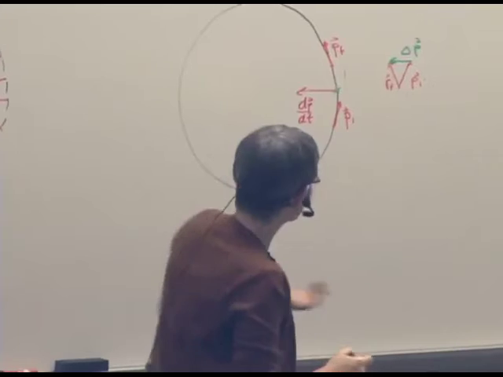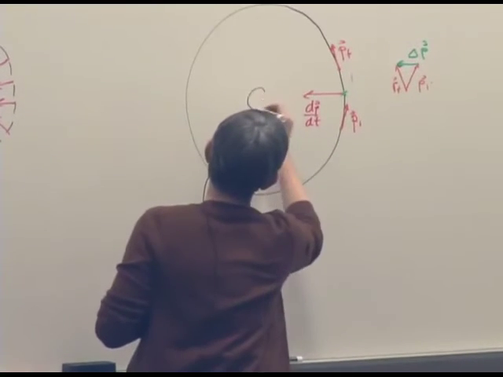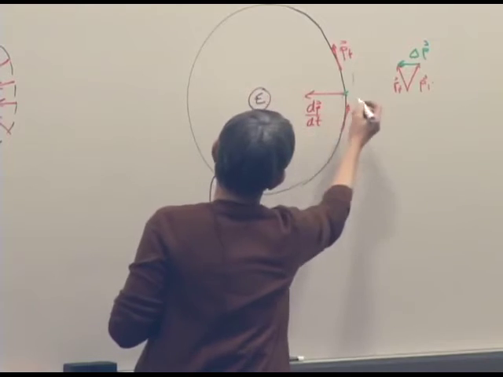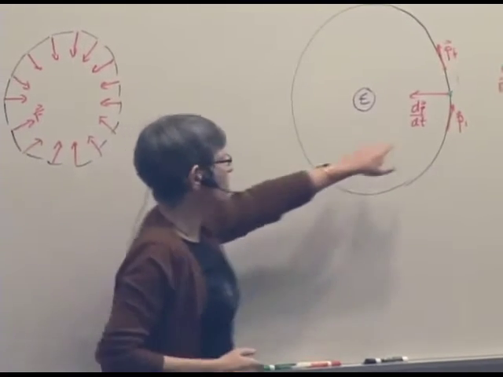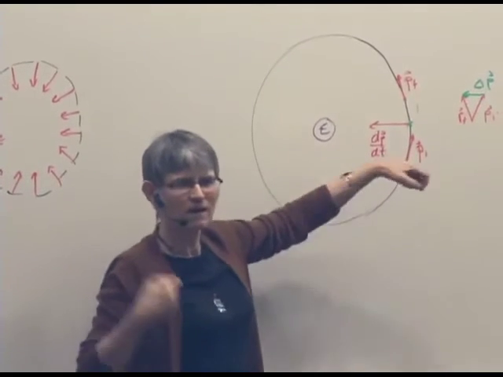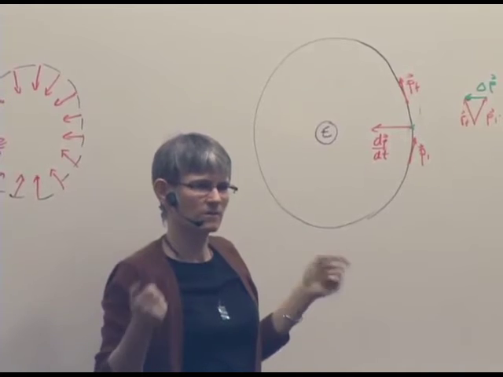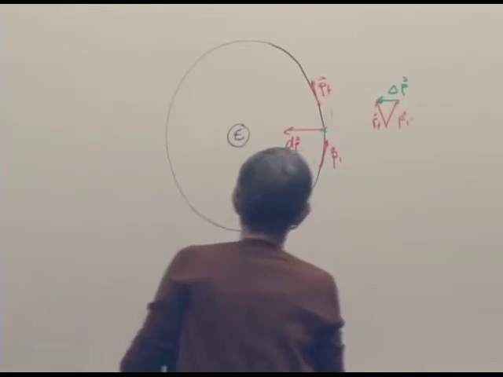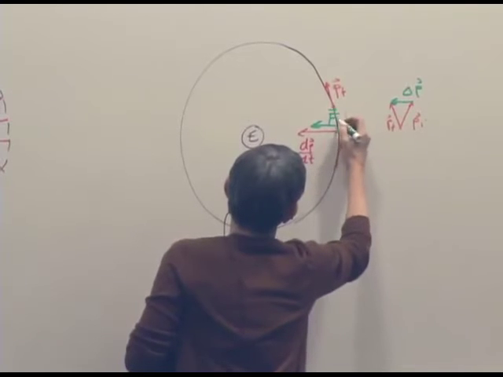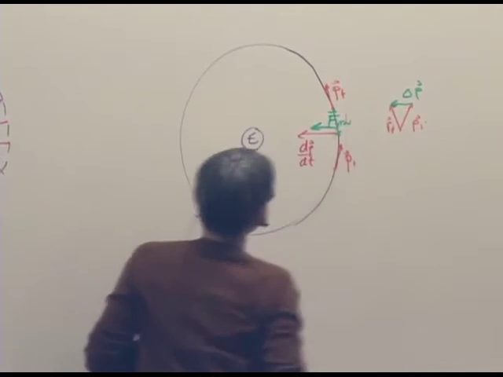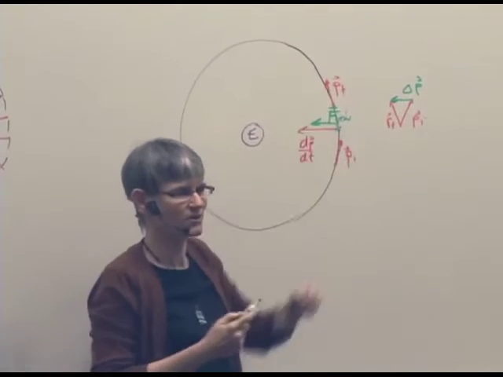Interestingly enough, dp dt points toward the center. And what's the direction of the net force on the moon at this moment? The same, isn't it? It's due to the Earth. It's the gravitational force due to the Earth, and I'm drawing it just slightly offset so we can see them.